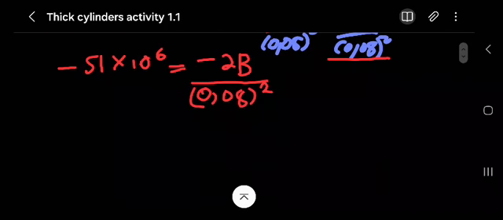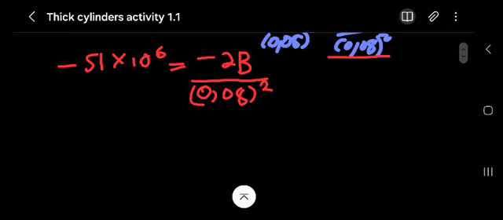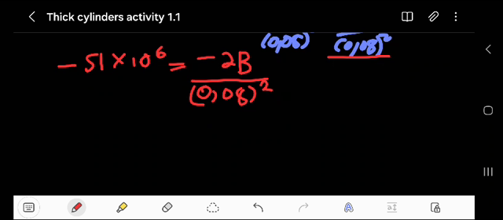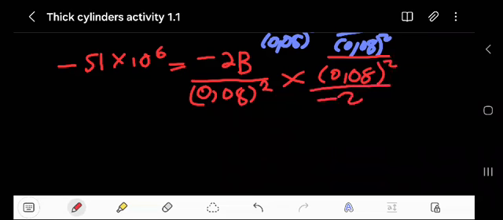If you want to make B the subject, you multiply by the reciprocal on both sides: 0.08 squared all over minus 2.